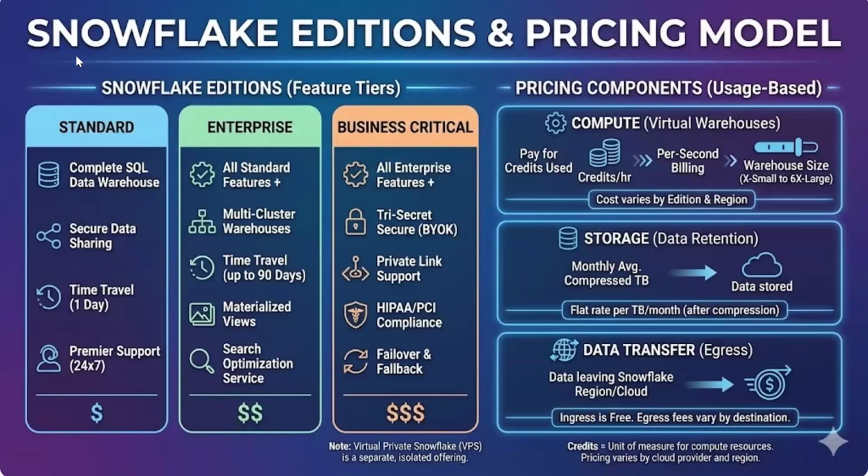So what you have to understand here: the compute cost, which is charged per second billing, depends upon the warehouse size, and also the edition, cloud and region you are selecting. Second, storage cost, which is charged per terabyte per month, that too on the compressed data. And data transfer: whatever data you are transferring from one region to another region or one cloud to another cloud, you need to pay for that.